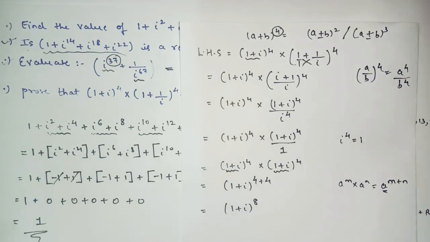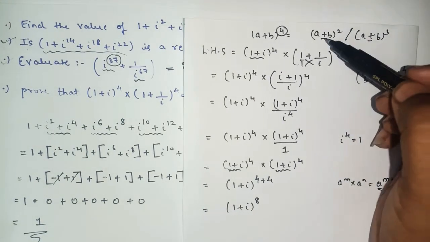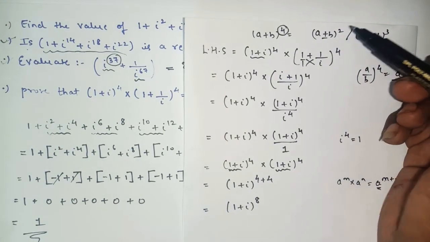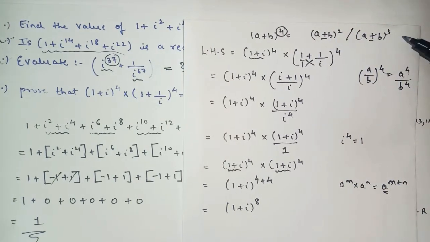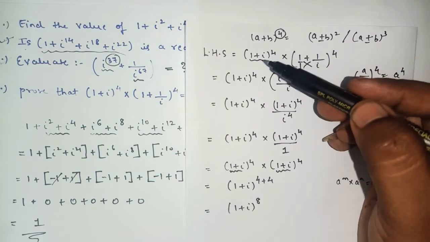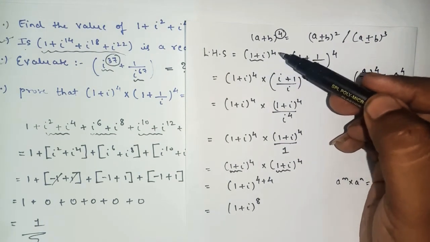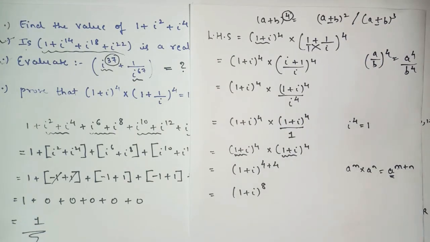Again, as we know, we only have formulas for a plus b the whole square, a minus b the whole square, a plus b the whole cube, and a minus b the whole cube. If we cannot find the answer for 1 plus i the whole raised to 4, how can we find the answer for 1 plus i the whole raised to 8?